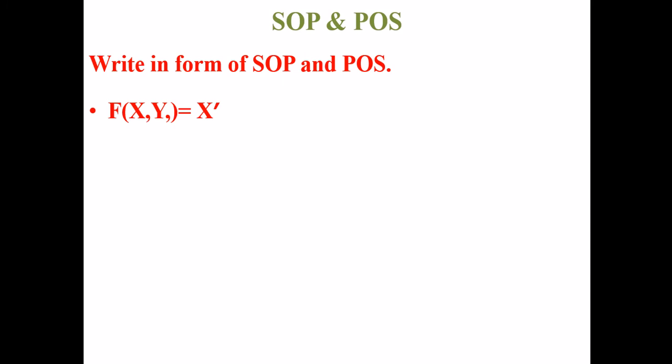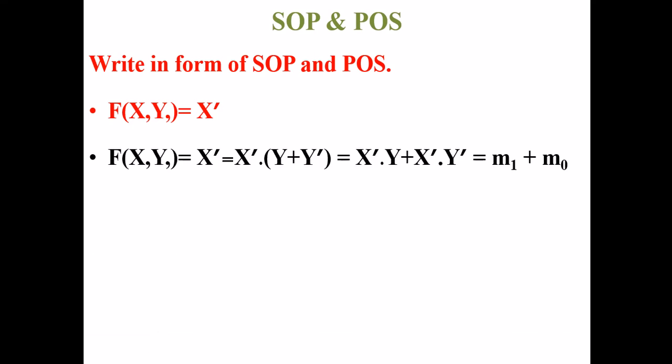Now here is a problem related to conversion. Let's say f of x, y is equal to x complement. Here the second variable y is missing, so we will write y plus y complement.